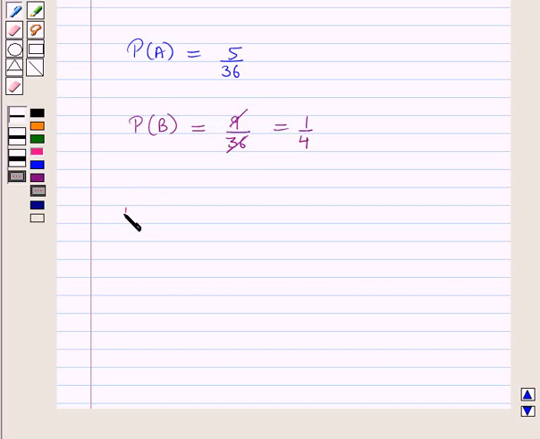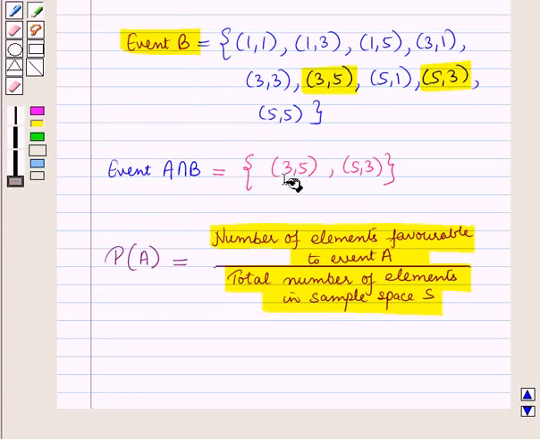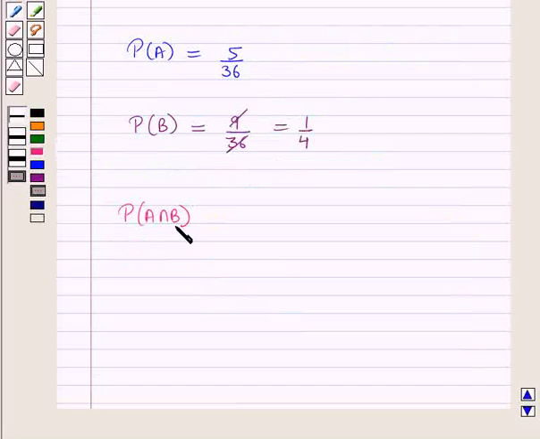Now let us find probability of event A intersection B. Now number of elements favorable to event A intersection B is 2. So probability of event A intersection B is equal to 2 upon total number of elements in sample space S, that is 36, and this is equal to 1 upon 18.